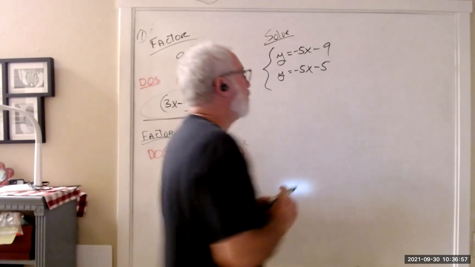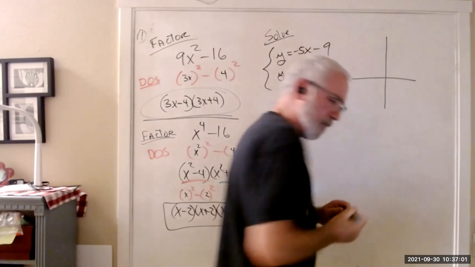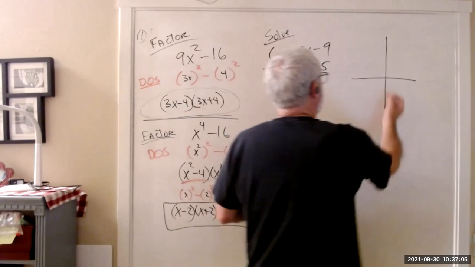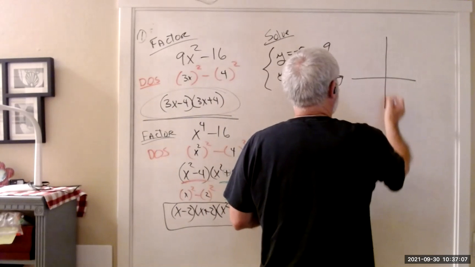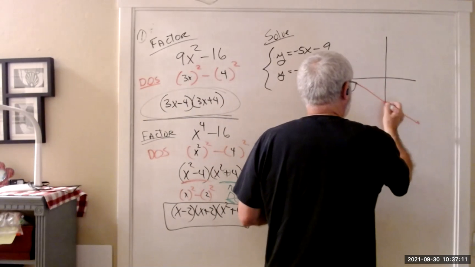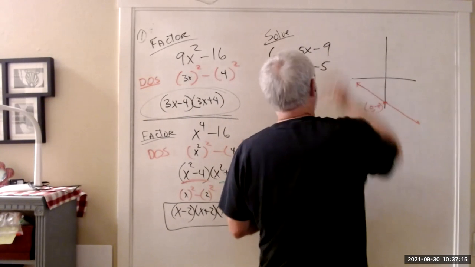Okay. If we were to graph this for just a second, what would happen is the first one would have a y-intercept of -9, and it would look something like this. Okay.